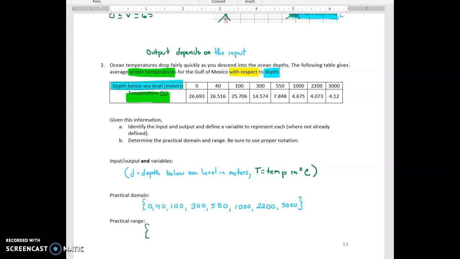So there's just that one that seems to be out of order. Maybe it's a typo, or maybe it really is that value, but we're going to write them in order. We're going to list them all out to indicate what our practical range is for this problem, with the last one being 26.693, and then close.